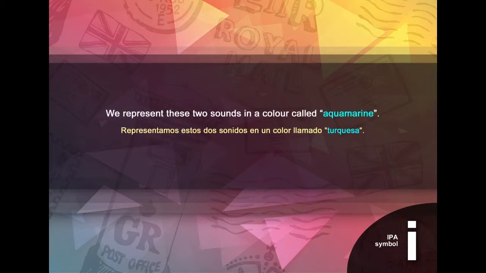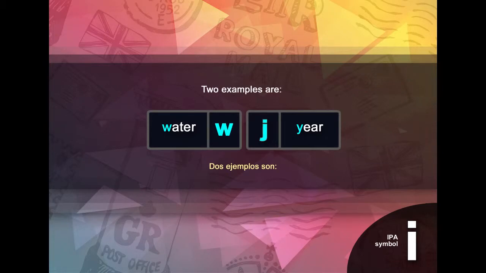We represent these 2 sounds in a color called aquamarine. 2 examples are water, year.